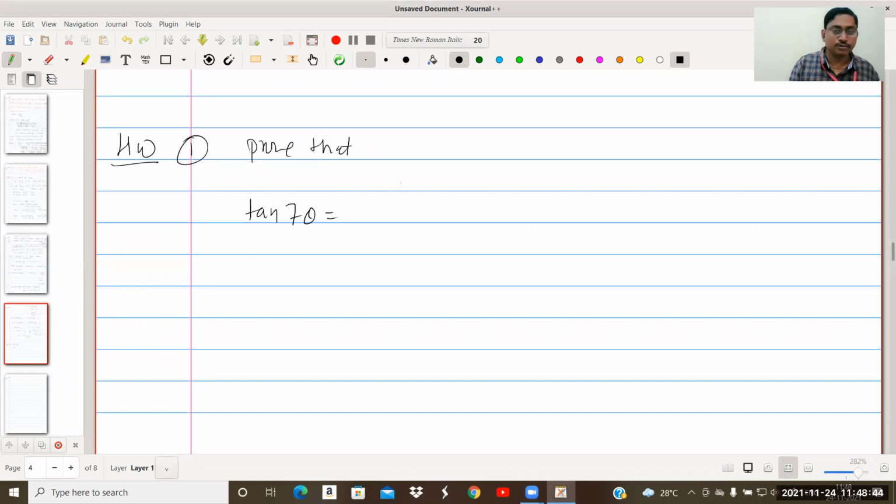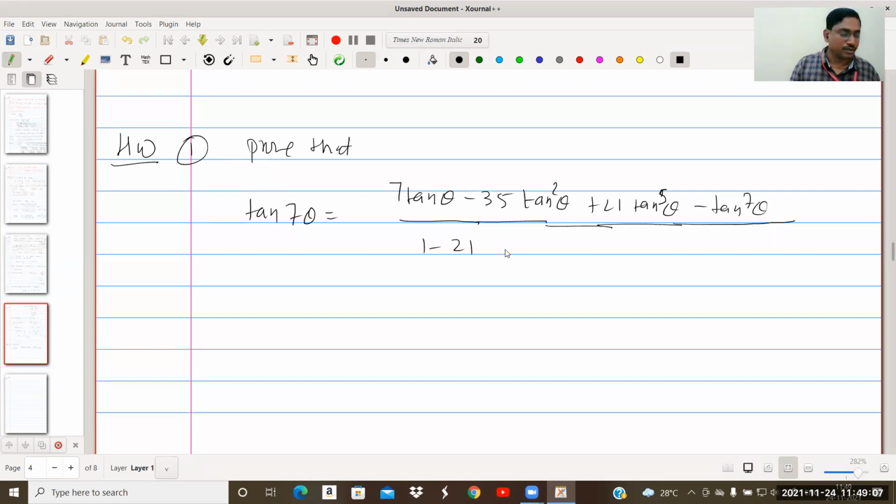Tan 7 theta is equal to 7 tan theta minus 35 tan cube theta plus 21 tan raised to 5 theta minus tan raised to 7 theta, divided by 1 minus 21 tan square theta plus 35 tan raised to 4 theta minus 7 tan raised to 6 theta.